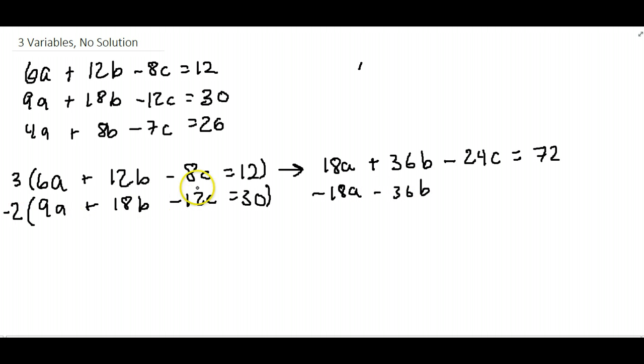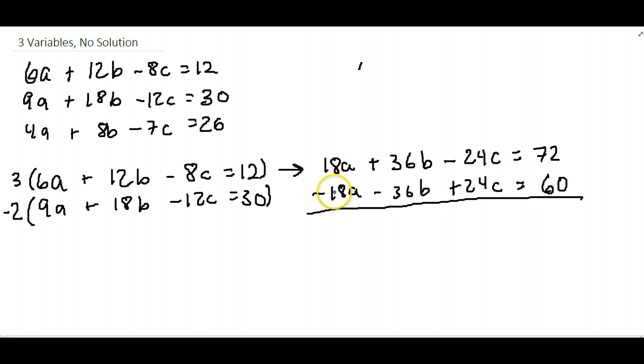Negative 2 times negative 12 gives us a positive 24c equals negative 2 times 30 equals negative 60. Okay, so now let's add our equations together.